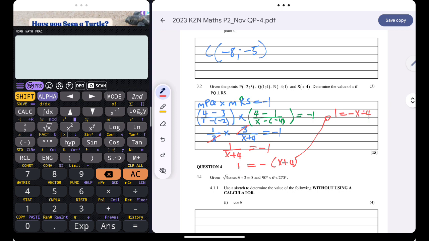Are you together? When I take the -4 to the other side, it will be positive. Then I'll have positive 5 is equal to -x. If I divide both sides by -1, therefore x will be equal to -5.